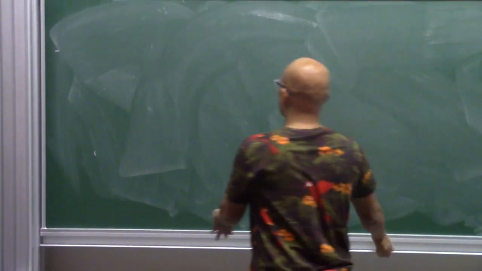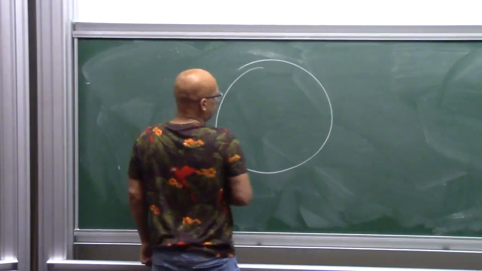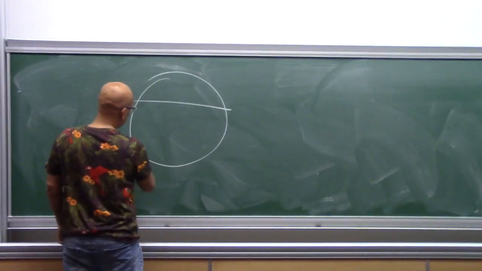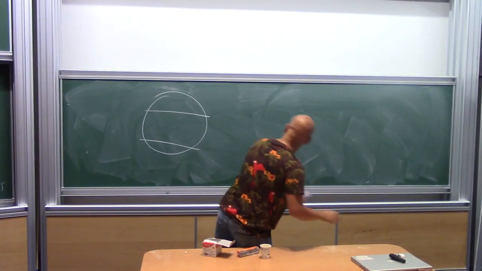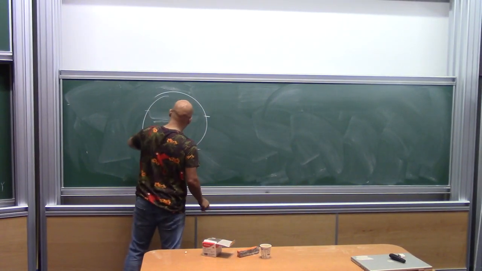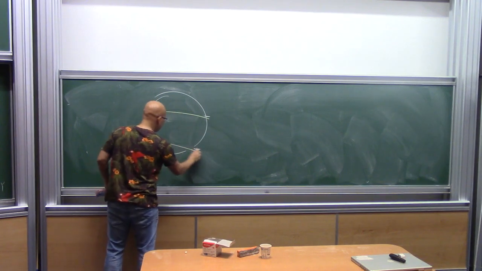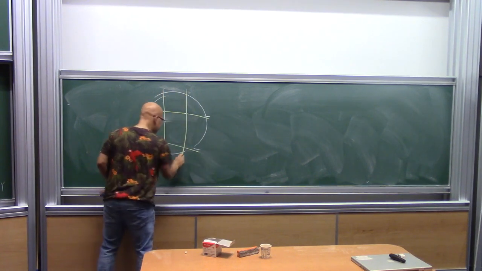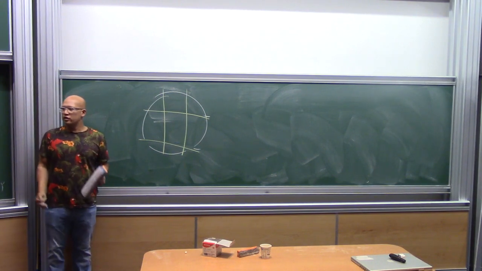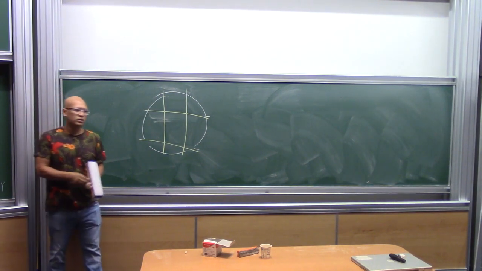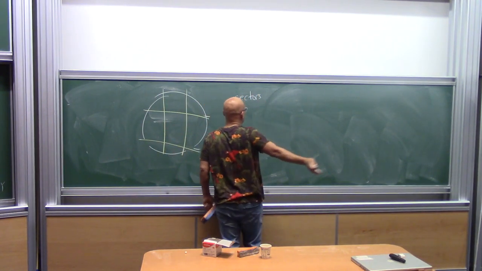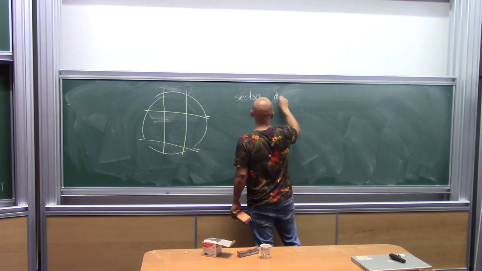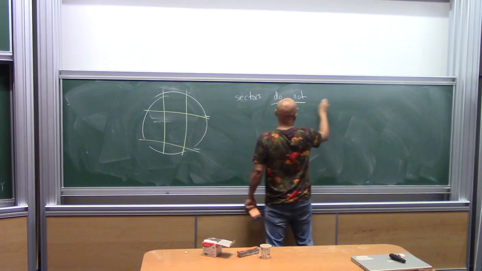Let me illustrate a slightly problematic fact about sectors. So here's a disk. Here's one subsector of a disk. I should distinguish the kinds of boundary. And here's another subsector of a disk. So the problem is their intersection is not a sector. So sectors, exactly as in Frano's talk, do not form a Grothendieck topology.